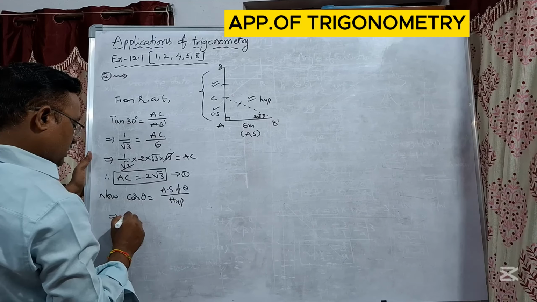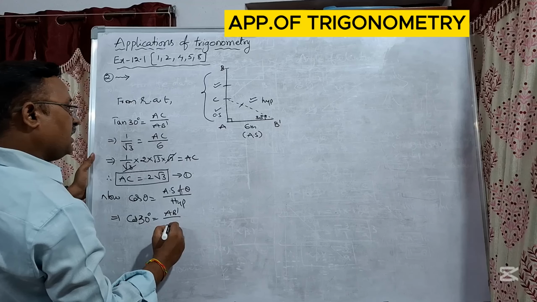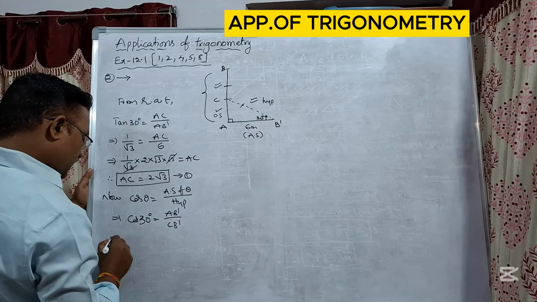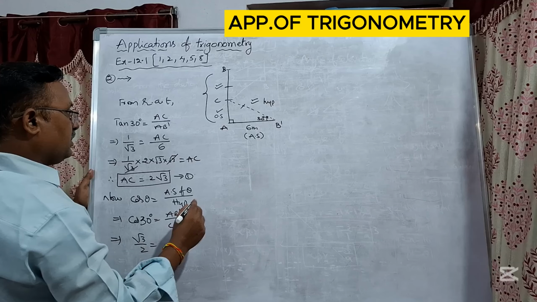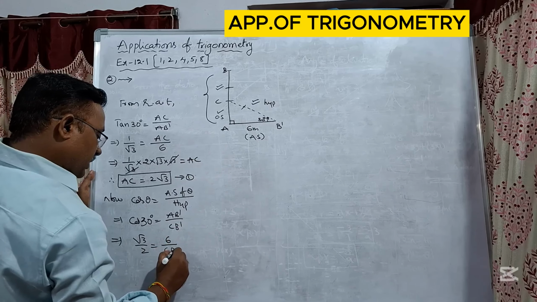That can be written as cos 30 degrees equal to adjacent side AB dash by hypotenuse CB dash. That implies cos 30 degrees value, root 3 by 2, is equal to AB dash, which is 6, by the CB dash value we want. Cross multiply them. This implies CB dash is equal to 6 into 2 by root 3.